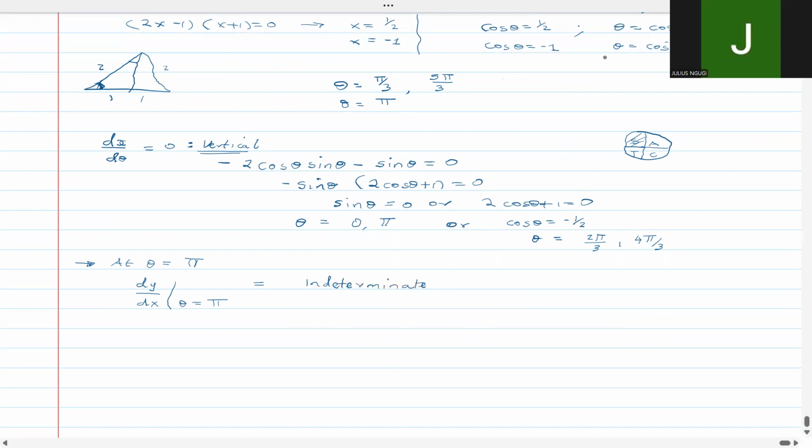For that reason, we need to find the limit. To solve that dy/dx, we find the limit as theta tends to pi on both sides of dy/dx using L'Hopital's rule, and we will get the answer.